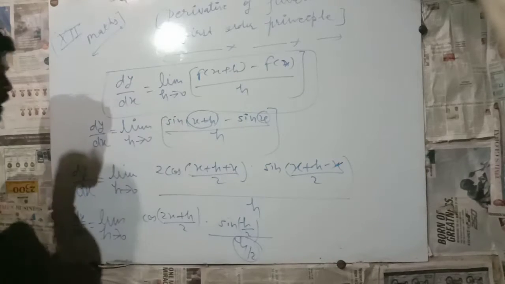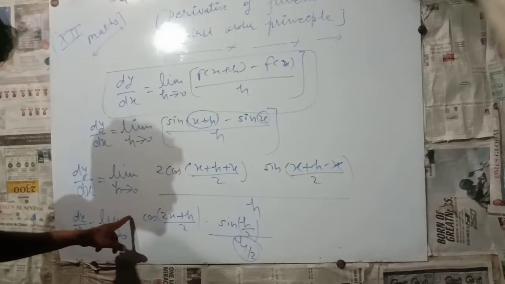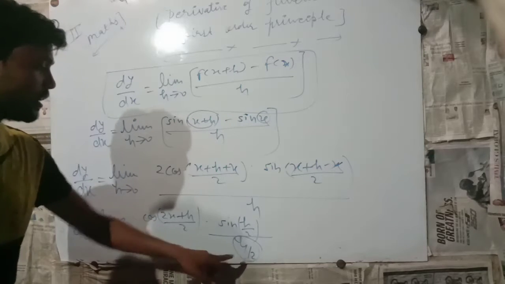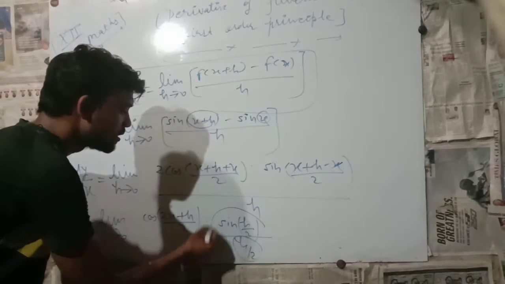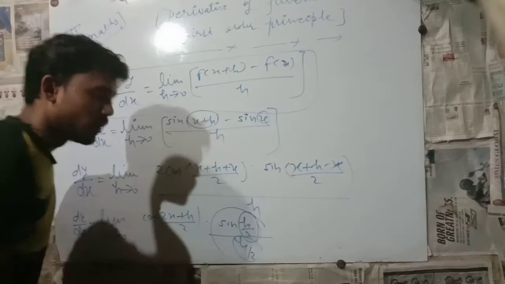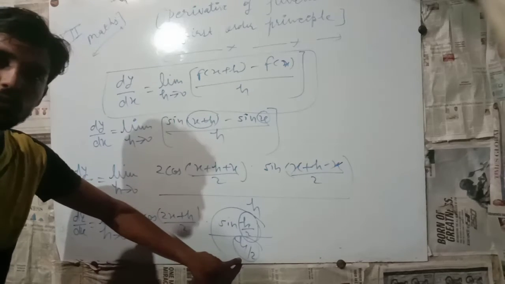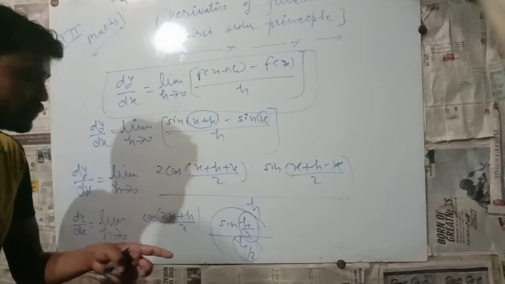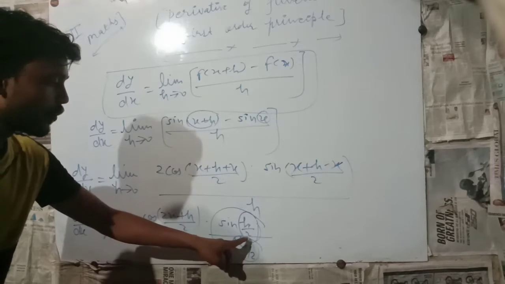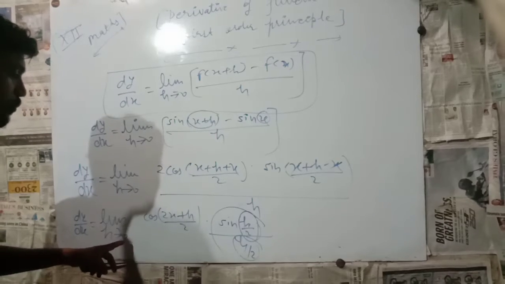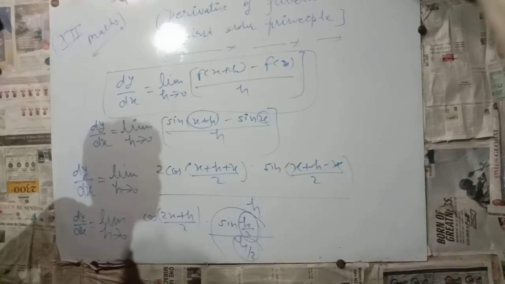Mind here, students, the 2 from here has come here, so that the angle should be equal: h upon 2, h upon 2, both are equal. And I told you in the limit videos, if your angles are equal and the limit is 0, then the value of that is 1.